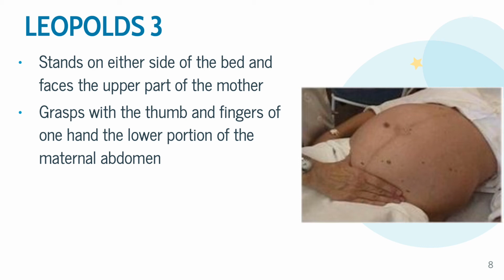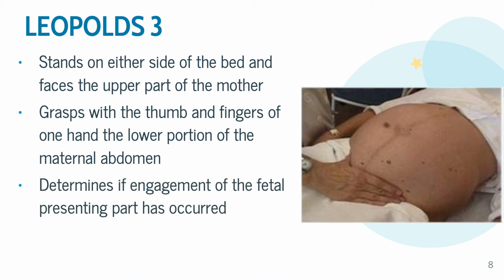The differentiation between head and breech is made as in the first maneuver. If the presenting part is deeply engaged, however, the findings from this maneuver are simply indicative that the lower fetal pole is in the pelvis and details are then defined by the fourth maneuver.